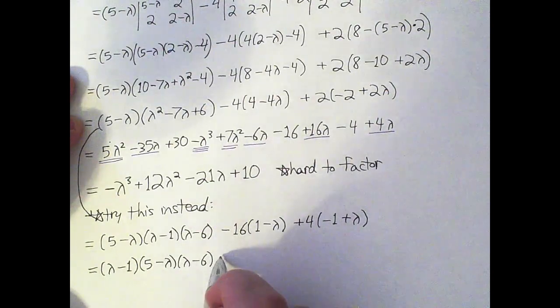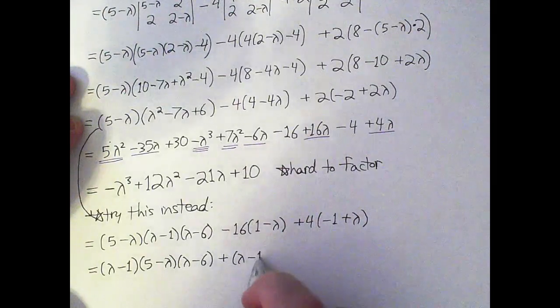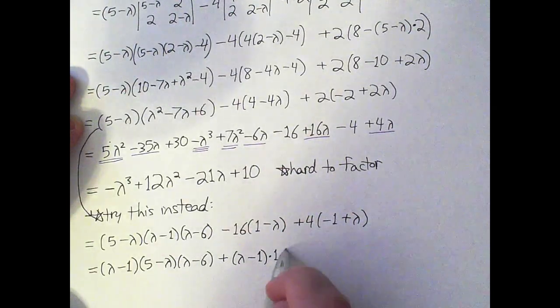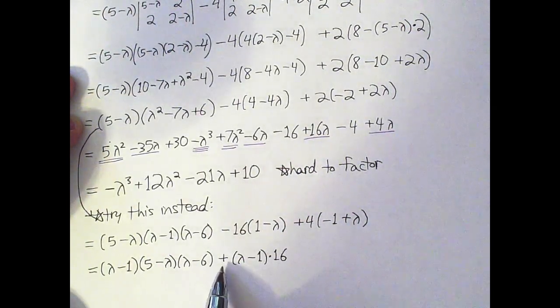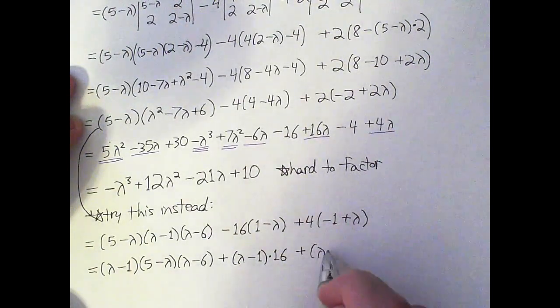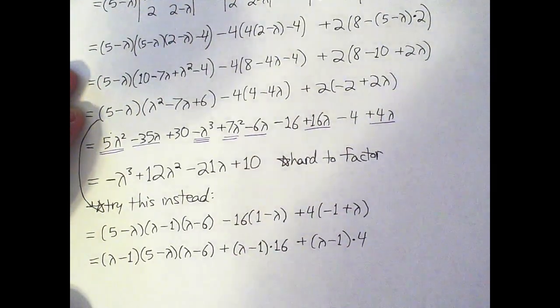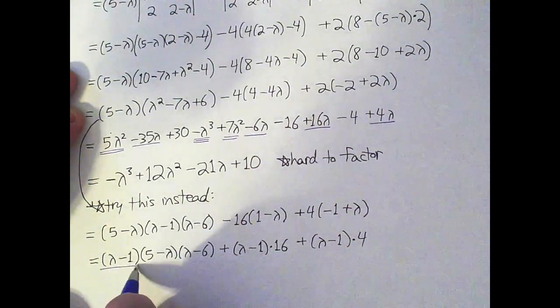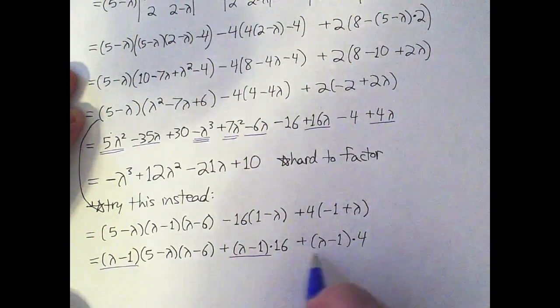Change the minus to a plus to flip the sign. And instead of 1 minus lambda, that becomes lambda minus 1. And then over here we have lambda minus 1 times 4. We did this algebra trick because now we see that every term has lambda minus 1 out front.